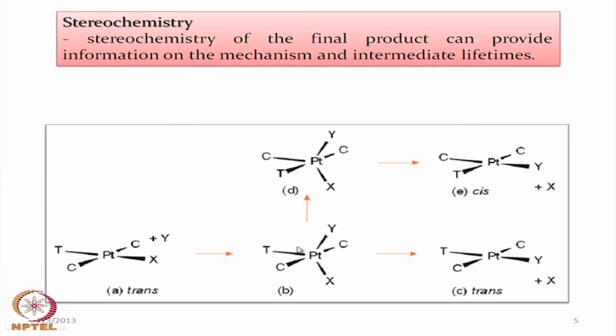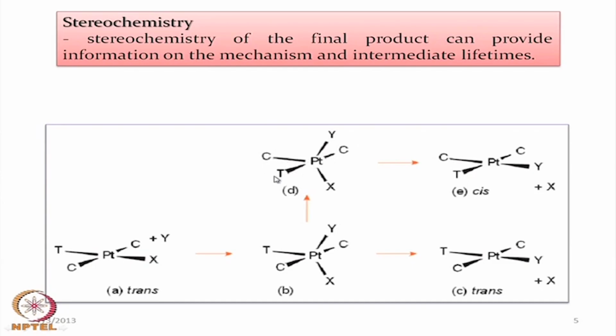But if the intermediate has sufficient stability and a good lifetime, then in that particular case, there can be some reorientation of the groups attached to the platinum center, and the two C positions are changed from this 180 degree so that the corresponding C-Pt-C angle is changed from 180 degree to 120 degree.